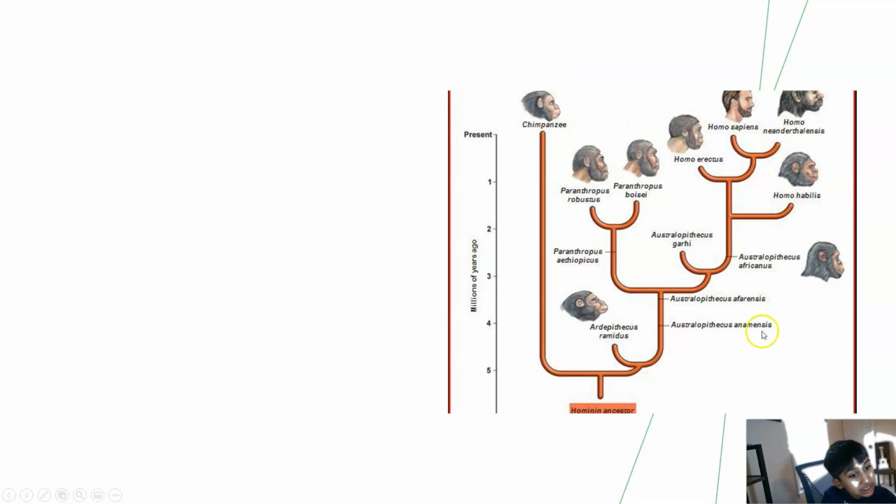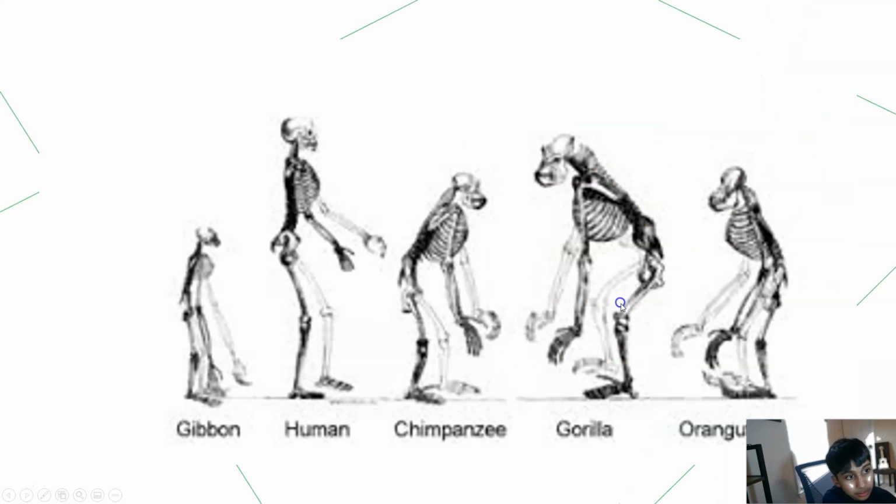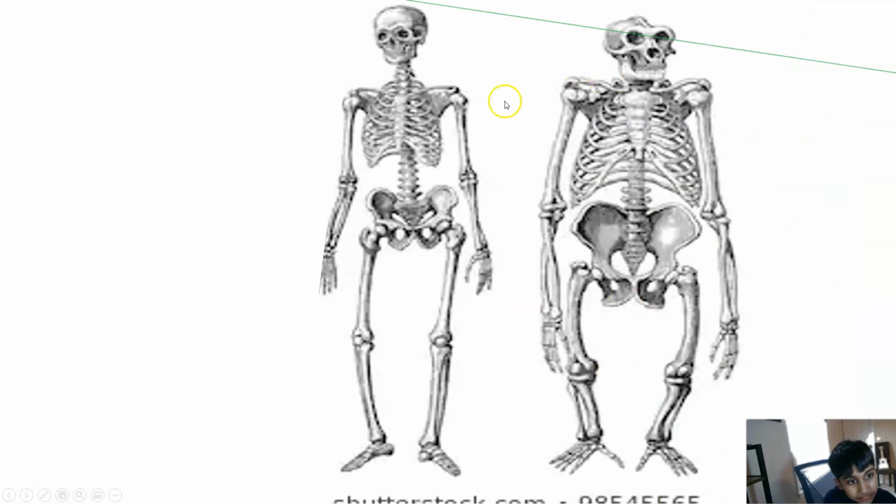But Homo sapiens and Australopithecus garhi are the ancestors of Paranthropus robustus and Paranthropus boisei. So that's why we're cousins. And if you think about it, this is why we get the same spine.